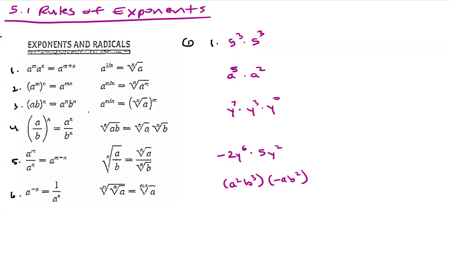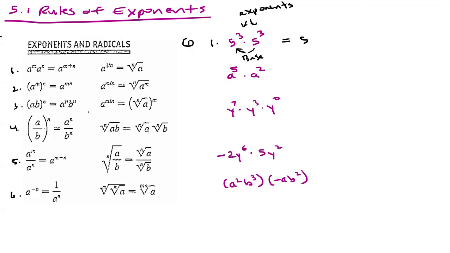Again, we have the same base. I'm talking about these here. These are the bases, and these are your exponents. Since the bases are the same, applying rule number one, we can just add them.